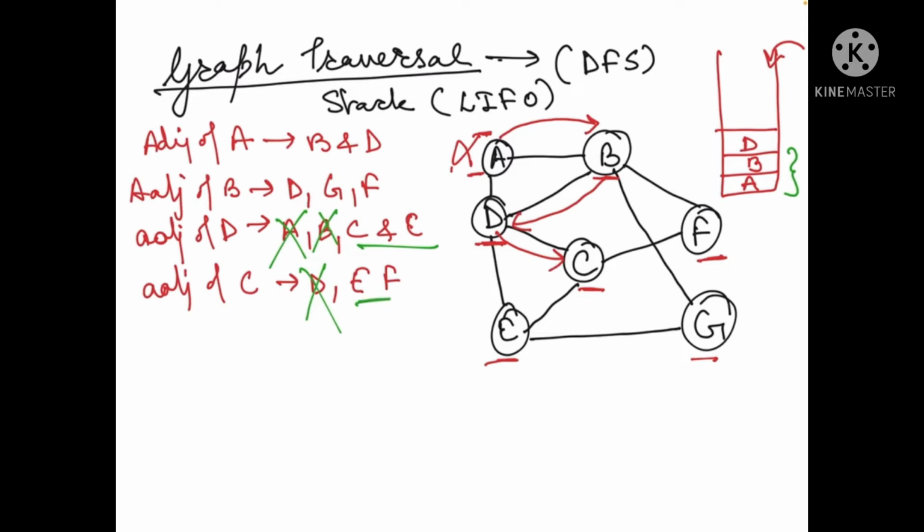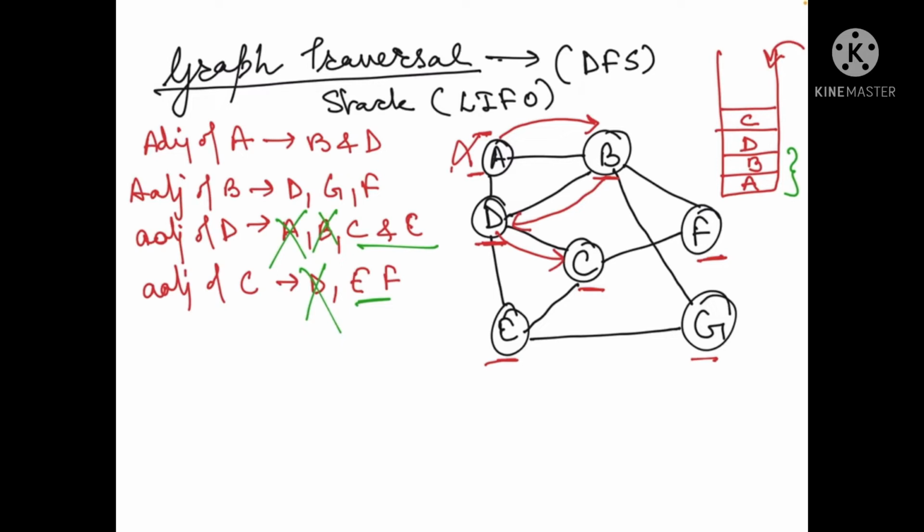So we are remaining with E. Plus you also have to add over here. I'm really sorry, I didn't add over here. So after adjacent of D, you are taking C. Now D is already visited, so we are left with E and F.